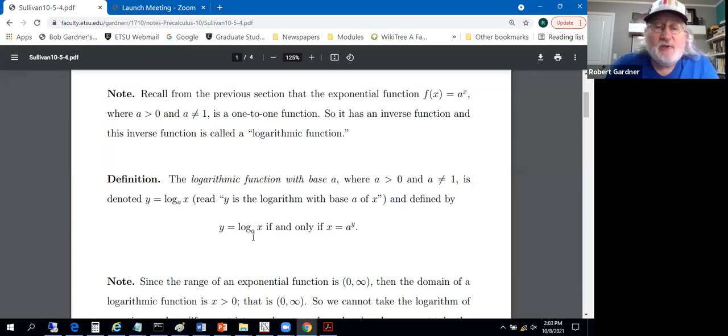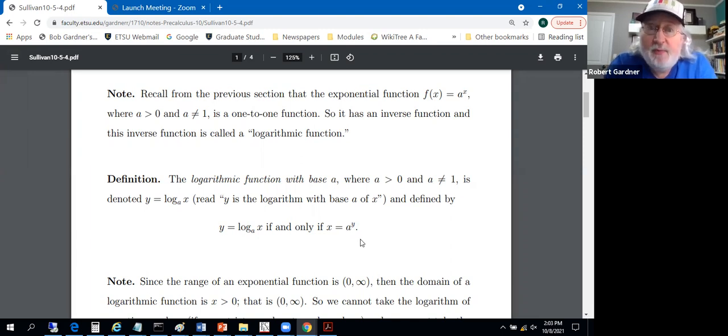So the base of the logarithm becomes the base of the exponential. The x that's inside the log function is on this expression outside of the log function. And y, the logarithm itself, is an exponent. So, as I stated, logarithms are exponents, in the sense explained right here.